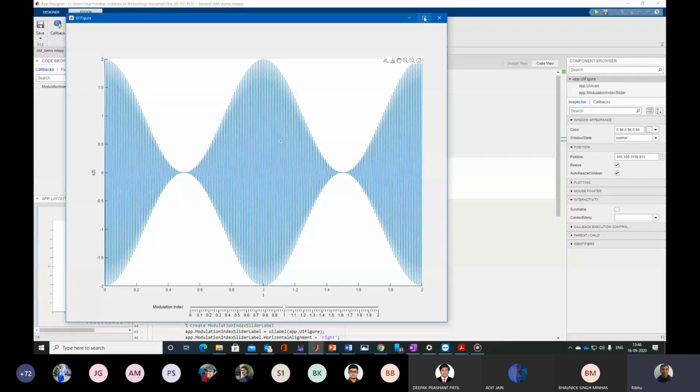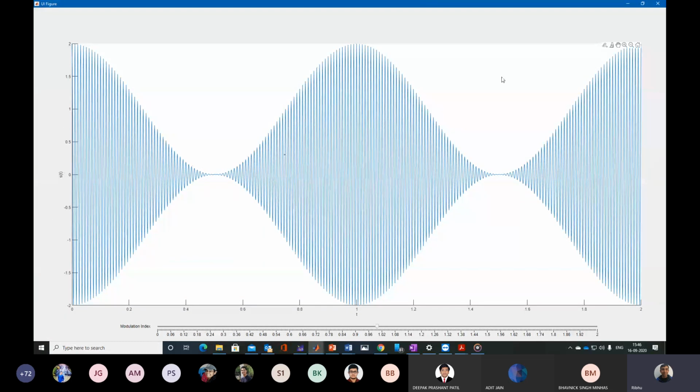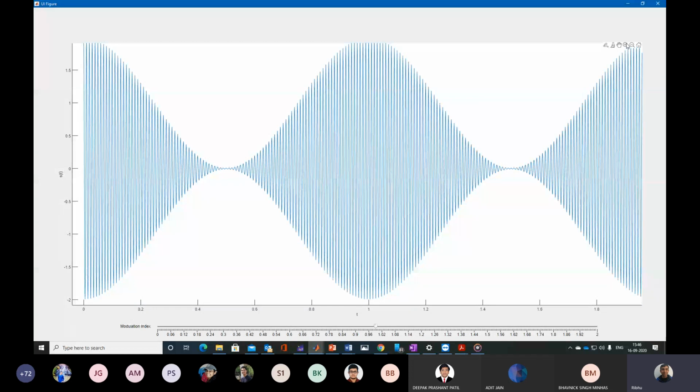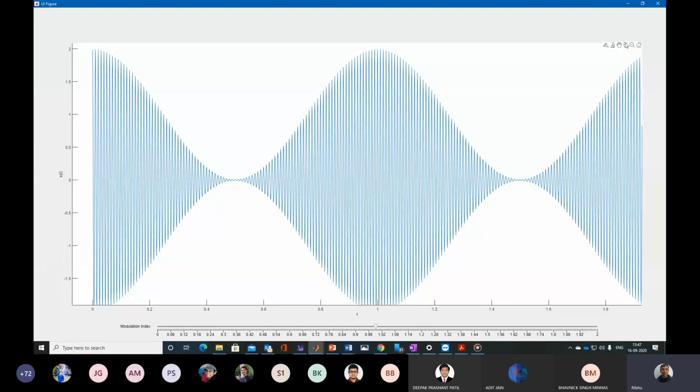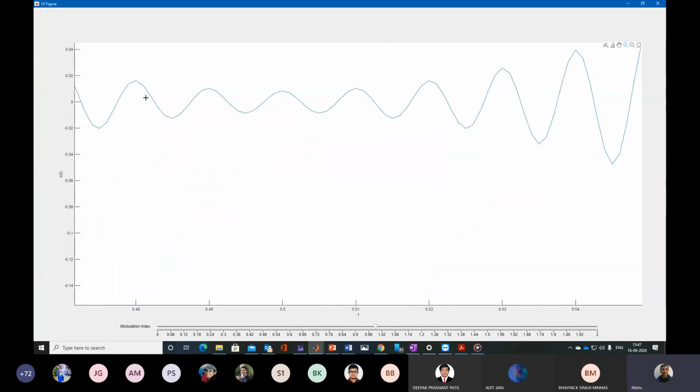But when the modulation index is 1, when I zoom in at this trough, you see that the sinusoid is continuous over here, right?